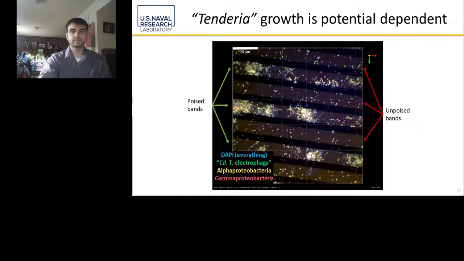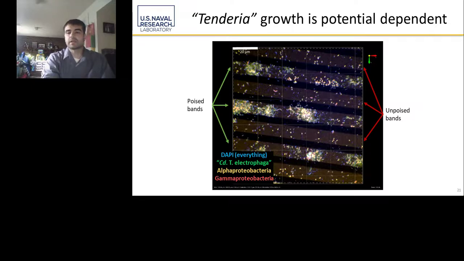And then another thing using these IDAs, one of the interesting things we can do here is only poise one of the bands. So these organisms can only grow if we give them electrons at a certain potential. And if we only set one of these electrode arrays at that potential, then they're only able to grow on one of them. So you can see on the left, there are arrows that are pointing to bands that were poised.